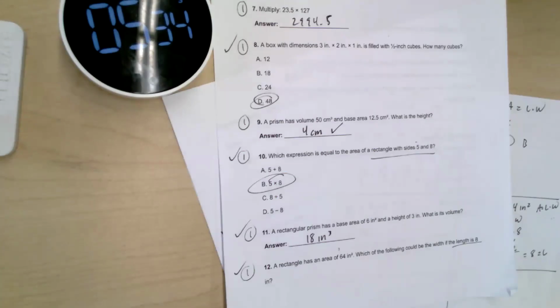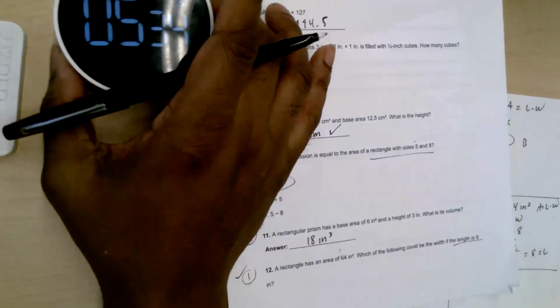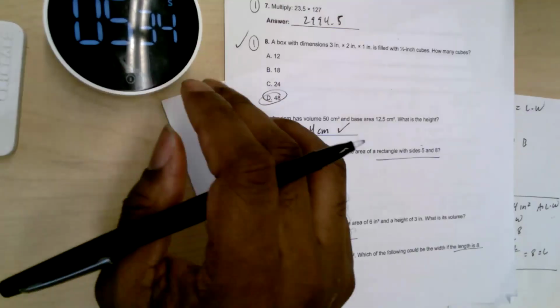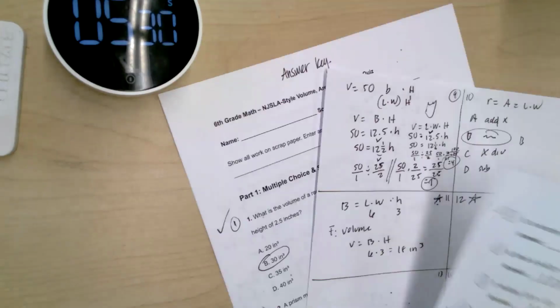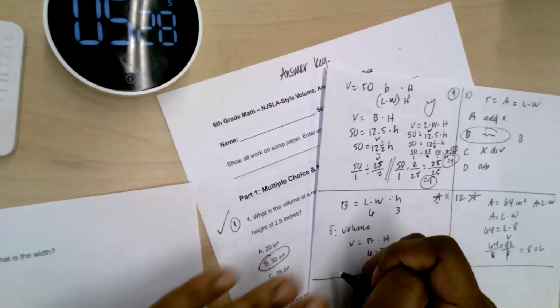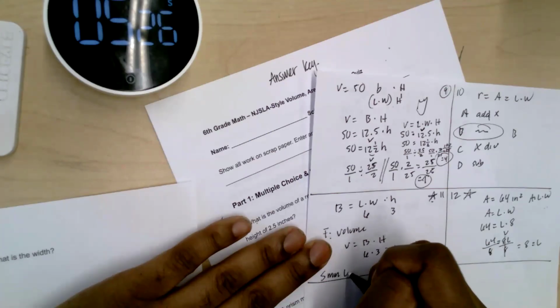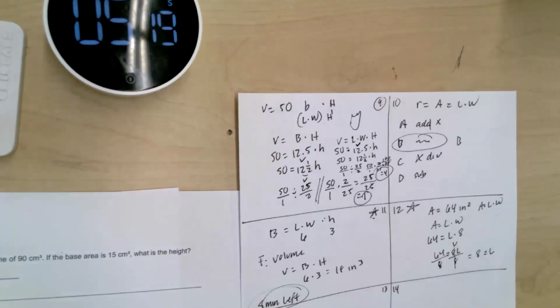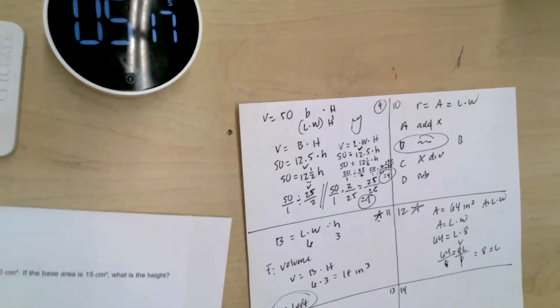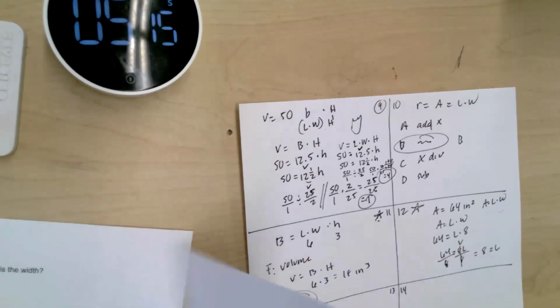Woo! That was crazy. Now to have extra 5 minutes, I want to add that 5 minutes to my open-ended. So 5 minutes left. I want to notate that. And then I want to go to part 2, which I said I was going to give myself 15 minutes on.